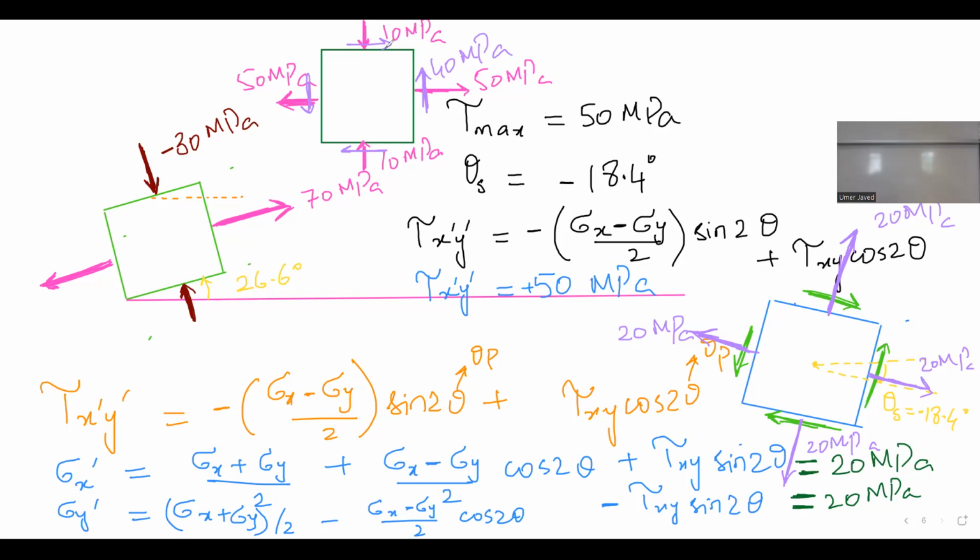What about tau max? Tau max was 50, right? Yes, so this is 50, correct? Let's put 50 now. I think you are rightly confused. This is 50, and this is 50. Subsequently 50, 50, 50.